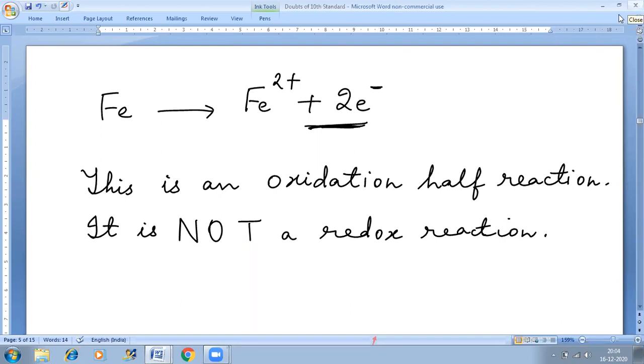So let's start with the chapter, remaining portion of metals and non-metals, because doubts are over.